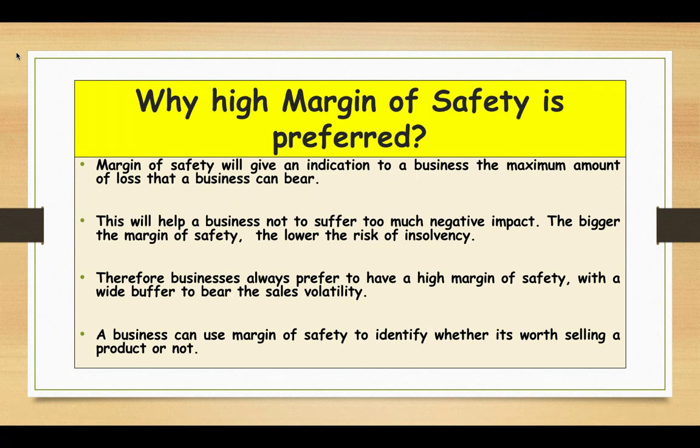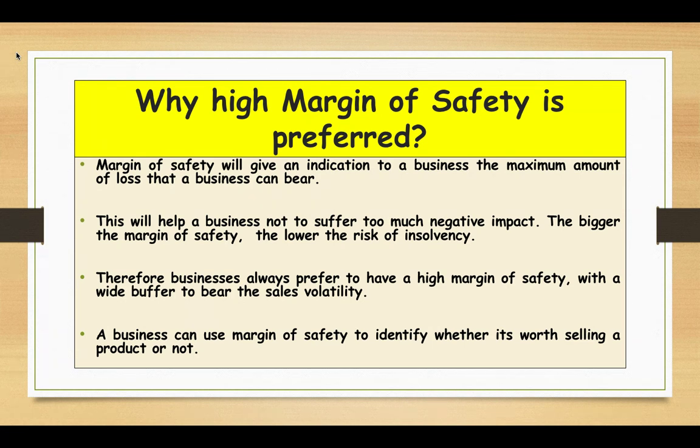Because if the business has bigger margin of safety, the risk will be lower and the lower risk of insolvency as well. Therefore, businesses always prefer to have a high margin of safety with a wide buffer to bear the sales volatility. So high spread of margin of safety assures a company that it is protected from sales variability.